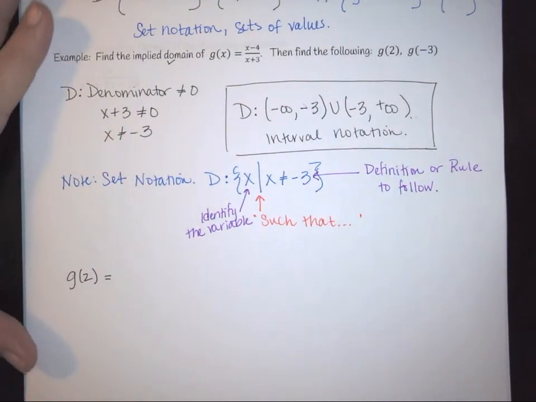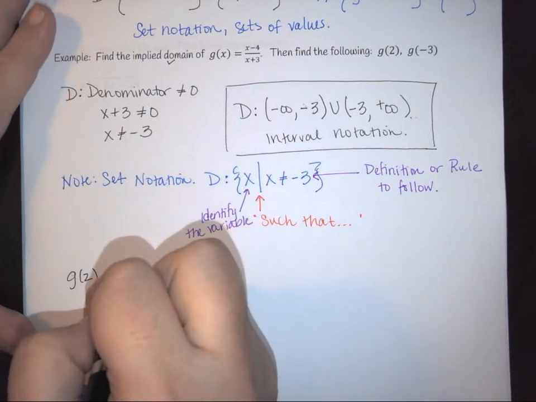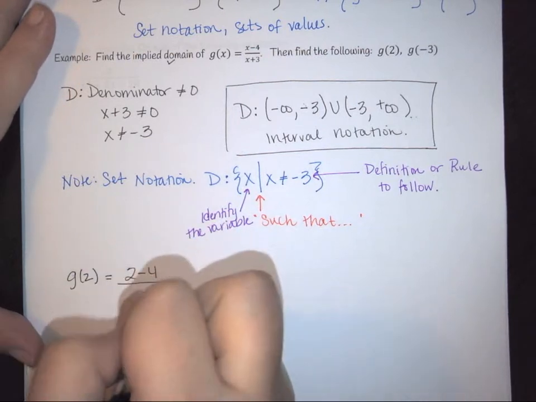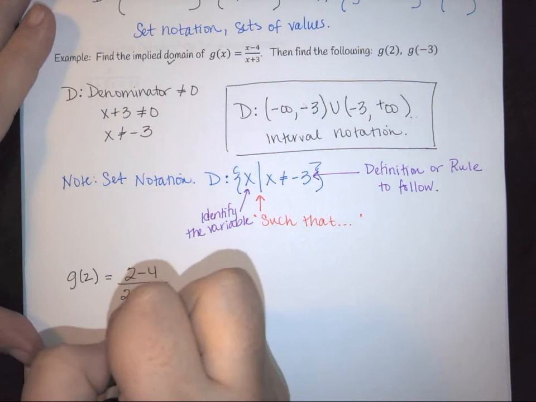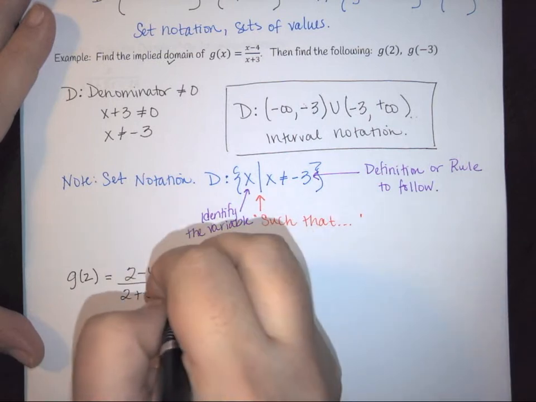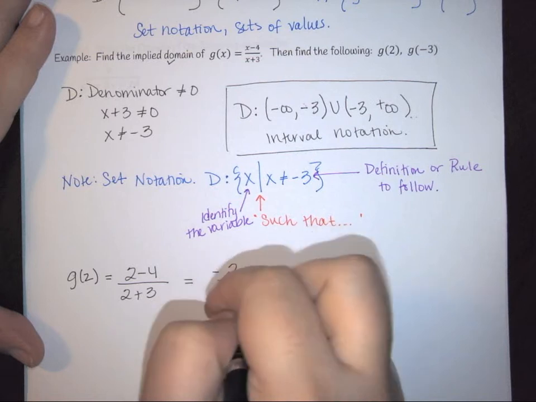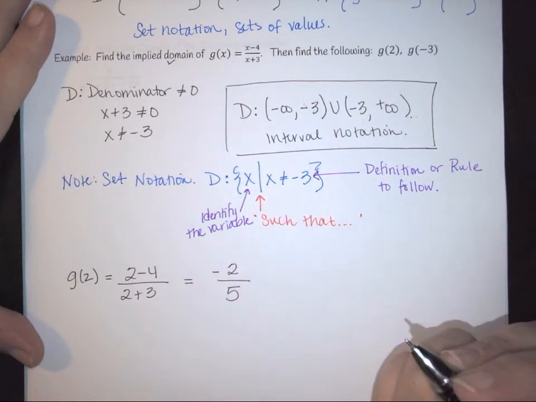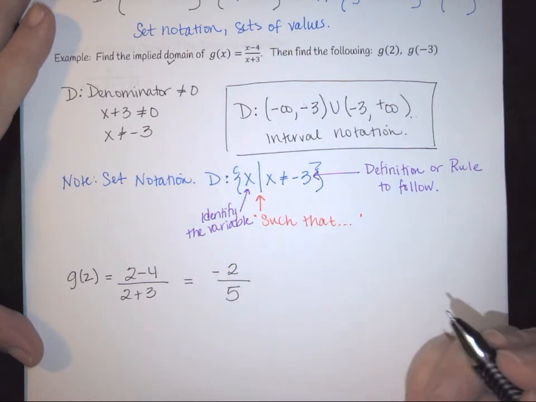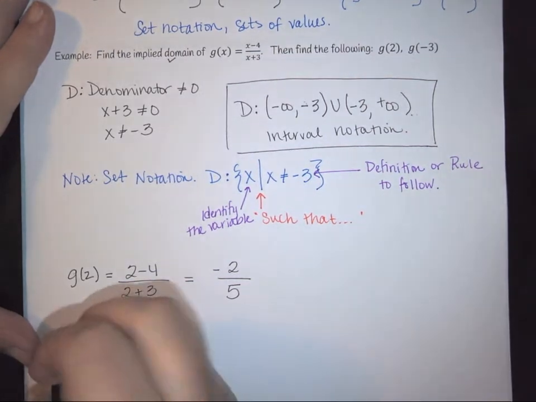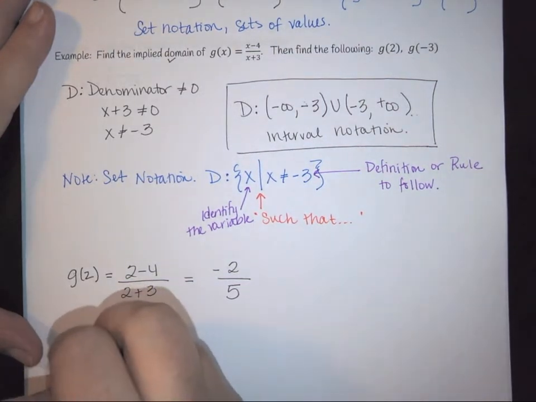So that says anywhere you have an x, you're going to input the 2. So 2 minus 4 all over 2 plus 3. And when we do that, 2 minus 4 is going to give you a negative 2. 2 plus 3 is 5. And thus, we're done. Now the other one says we need to evaluate g of negative 3.